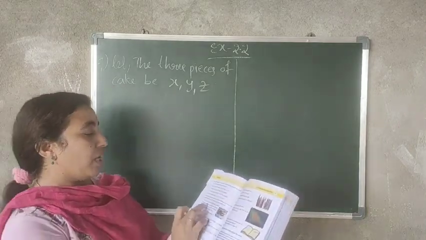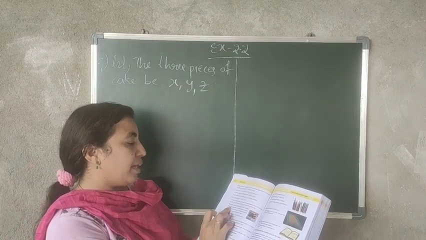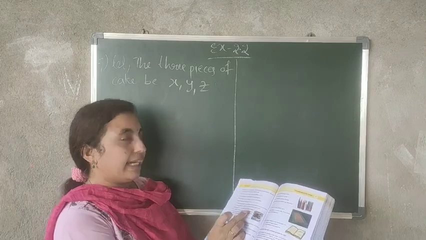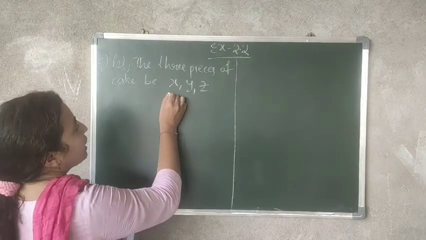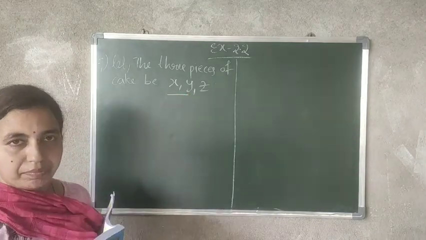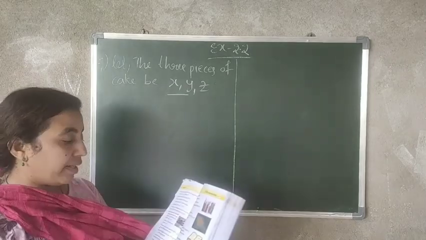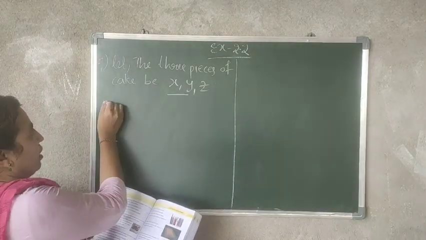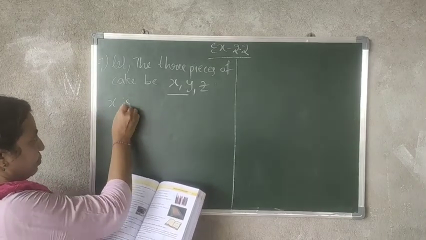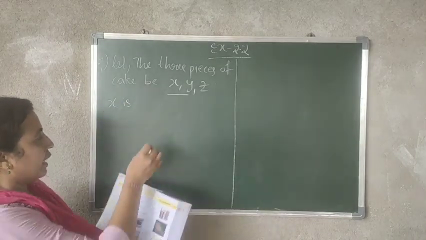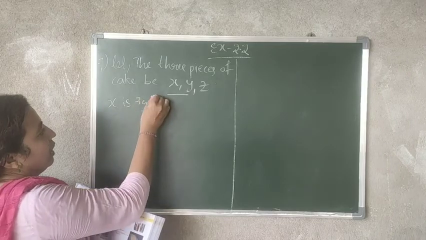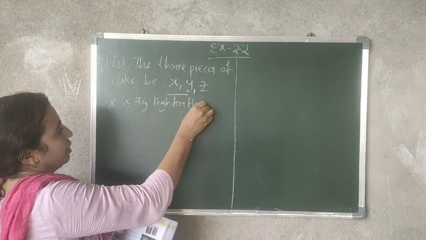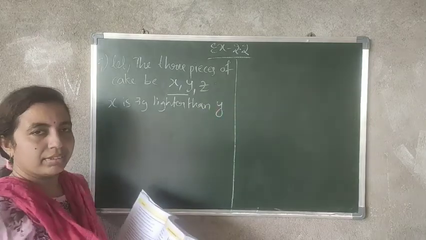Now see, when he weighed the first piece, he found that it was 7 grams lighter than the second piece. When you compare these two, x and y, what is given? The first piece is x. x is 7 grams lighter than y.